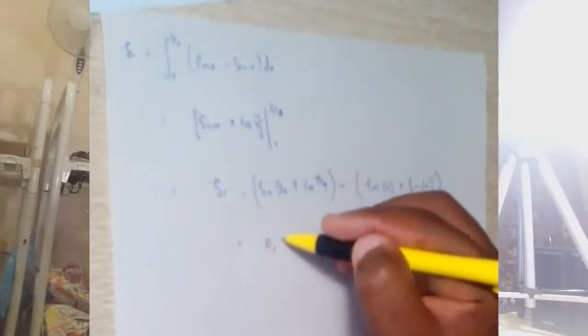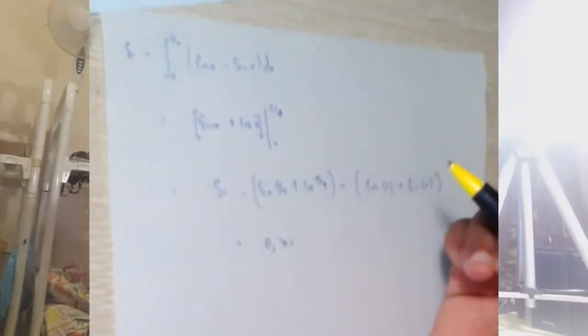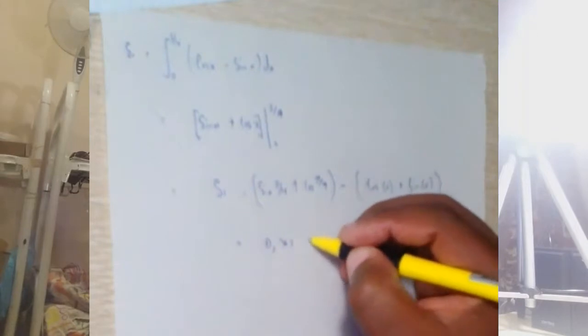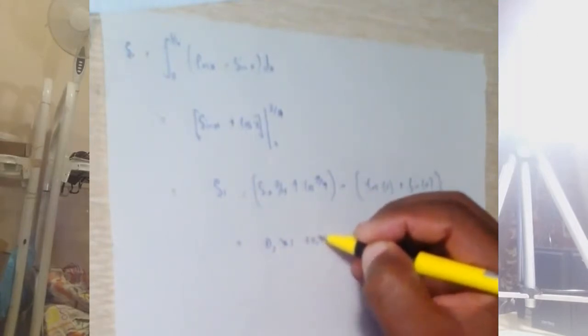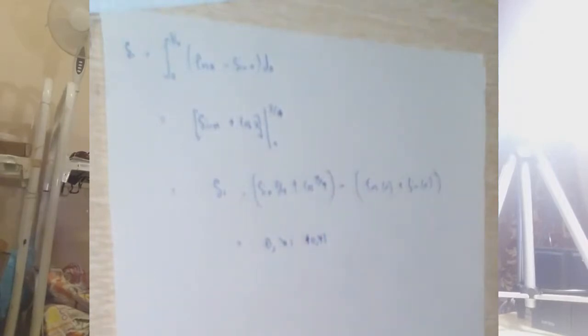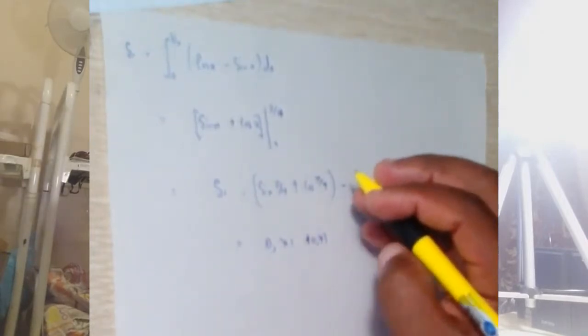It's equal to 0.71, rounded to 2 decimal places, and cos 45 also is something like 0.71, plus 0.71. This is to 2 decimal places.